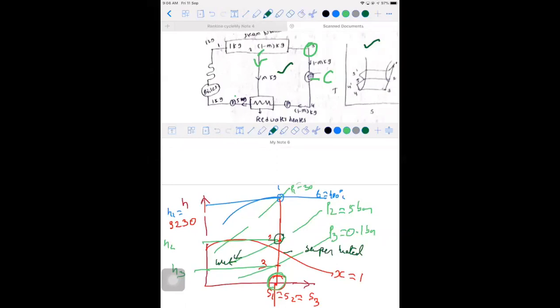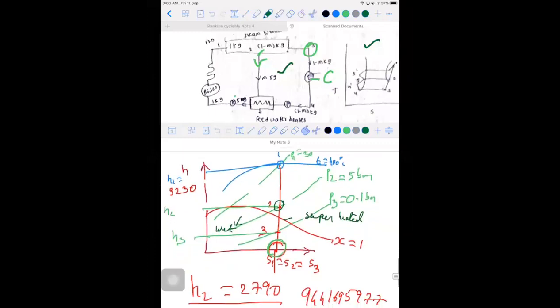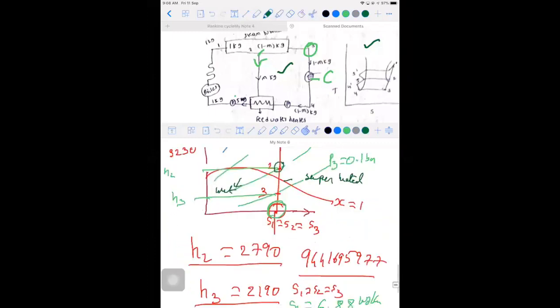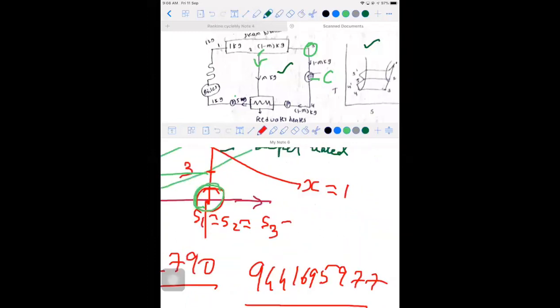Here you have written S1 is equal to S2 is equal to S3 is equal to something like 6.88.